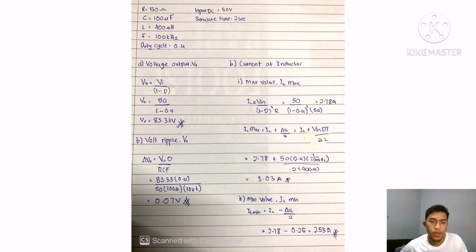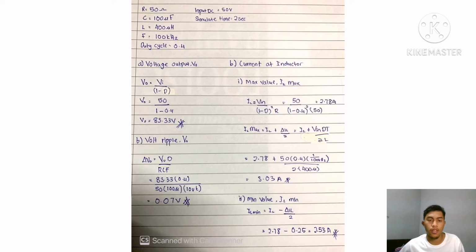So let's move on to the formula and calculation part. Firstly, we have to find the voltage output. The formula for voltage output is V input over 1 minus duty cycle, as we can see here. So the value is VO equals 83.33 volt.